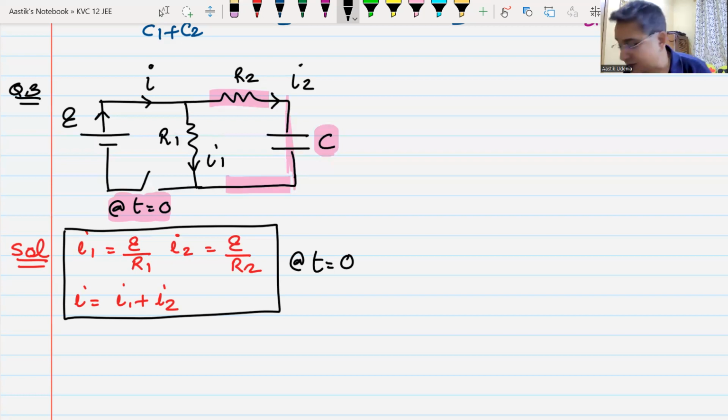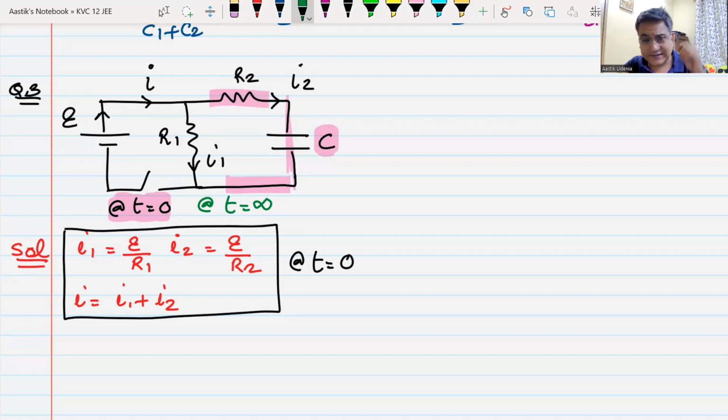The question changes now. Now the switch has been closed and a long time has passed. Long time has passed means t has become infinite.